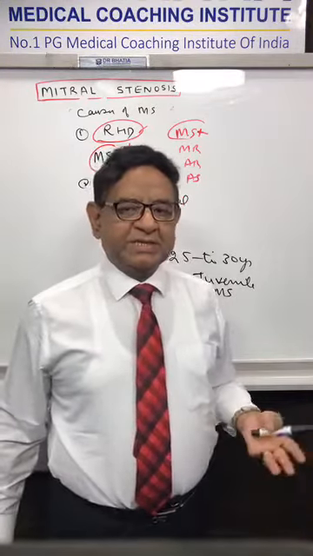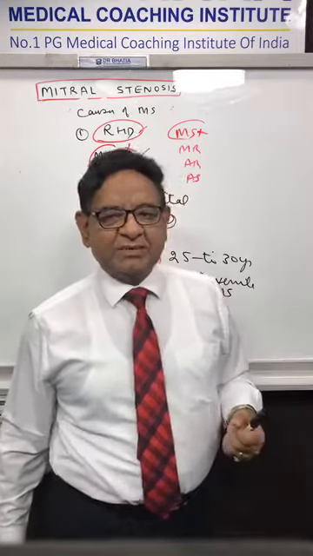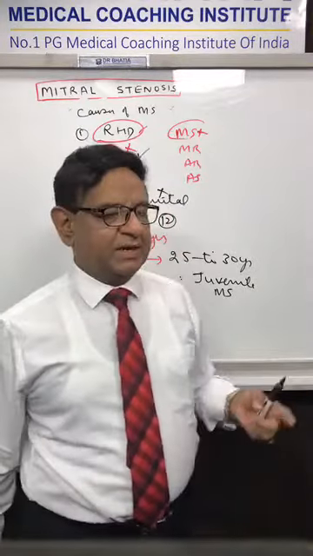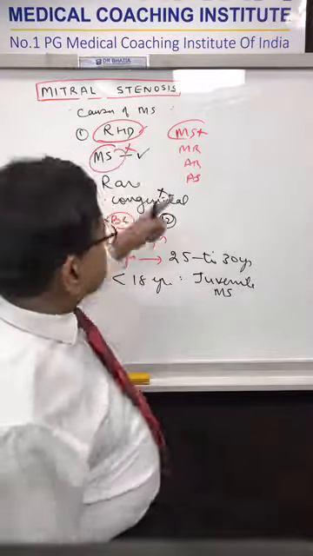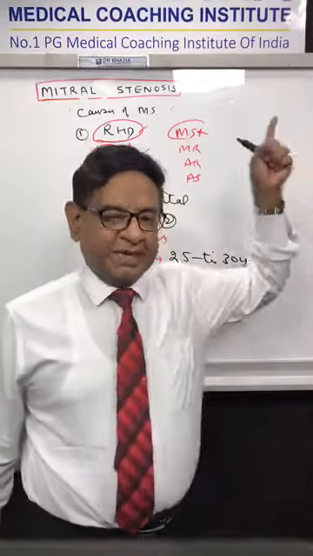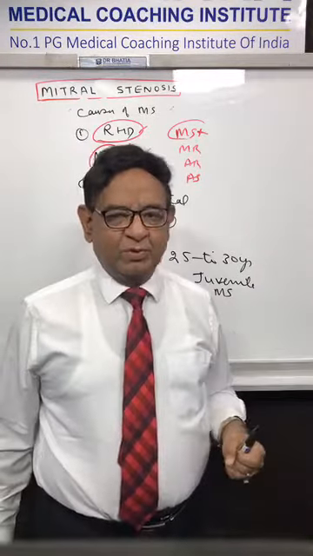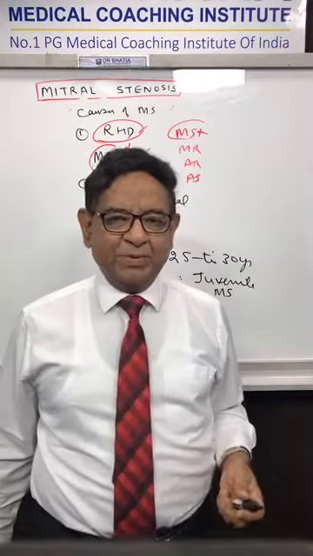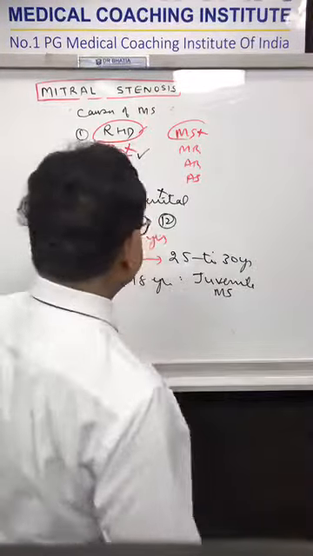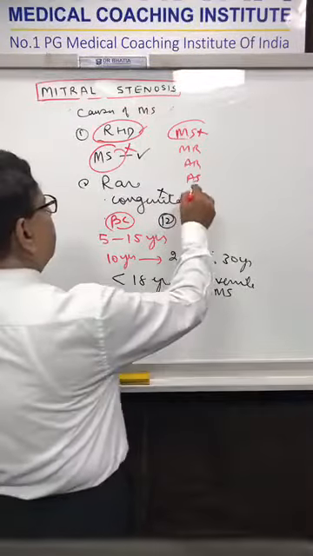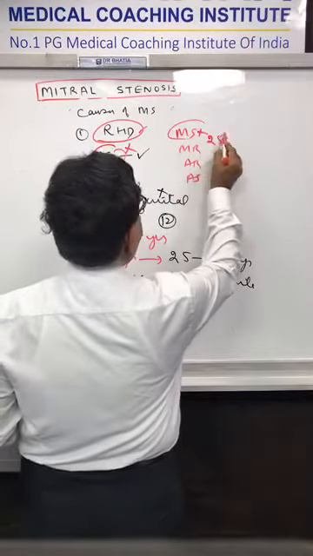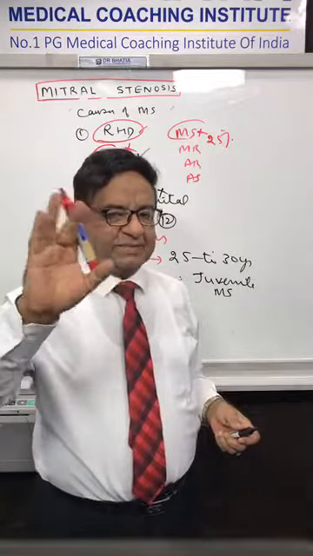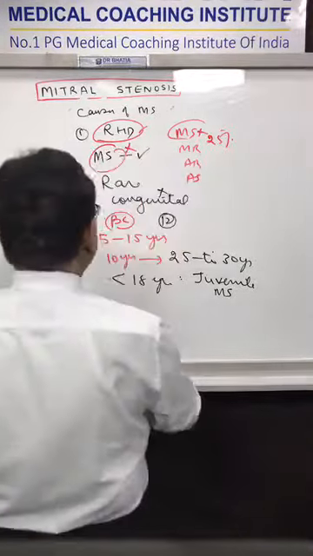During the discussion, the examiner will say, I'm listening to the murmur of MS. Then you have to say very respectfully, sir, MS doesn't occur in the pediatric age group. Then he'll say why and how. Then you have to give the explanation I have told you just now. And the examiner will be very happy to know you know the basic concept. So friends, I'm giving you a 25% discount, I'm saying this in a lighter way, that in your case, MS will not be there, right?